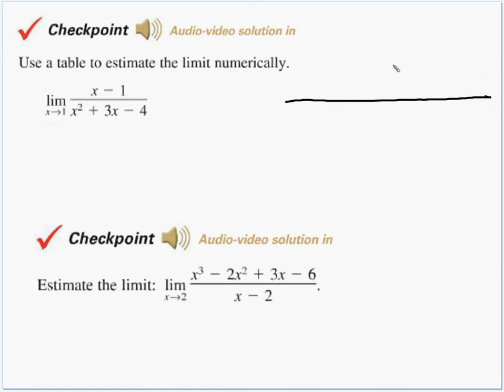Okay, up here, we're approaching 1, and I'll just do it to 0.999. That should be enough.